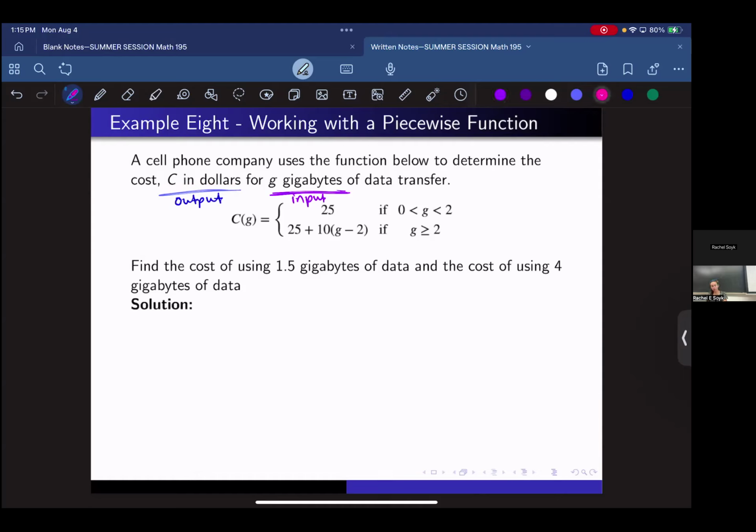And we're just asked to find the cost of using 1.5 gigabytes of data and the cost of using 4 gigabytes. So 2 problems in one. We want to find what is C of 1.5, and what is C of 4.